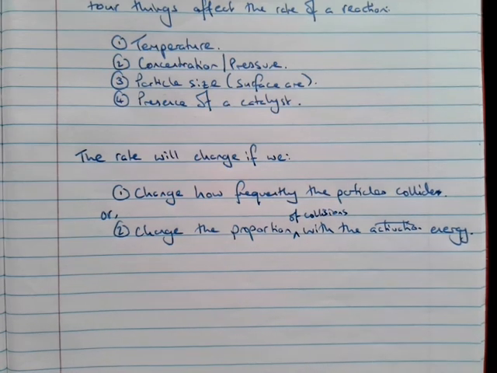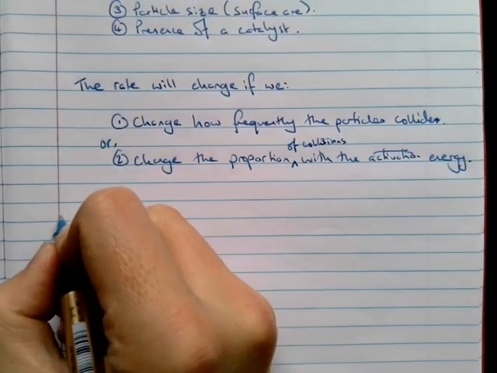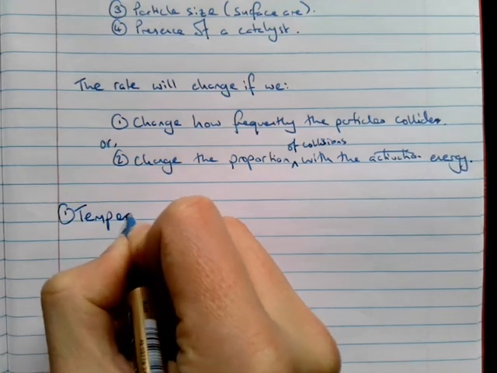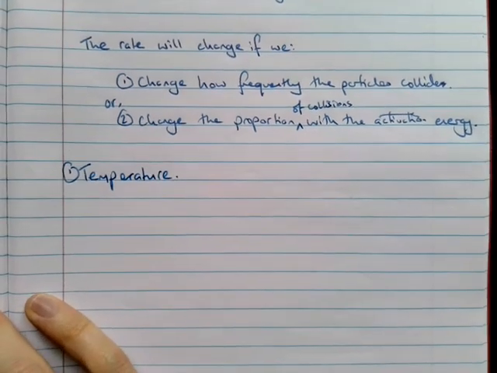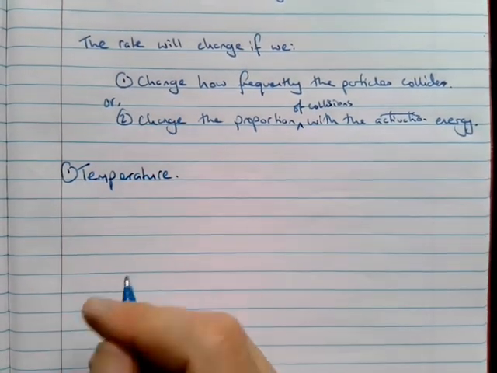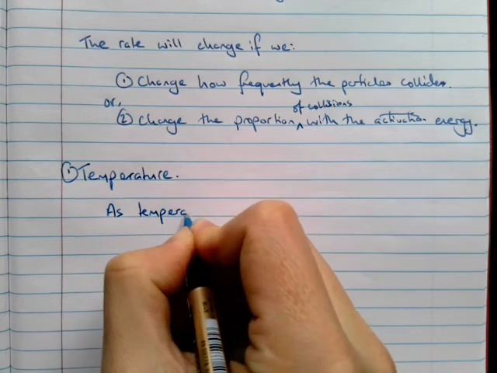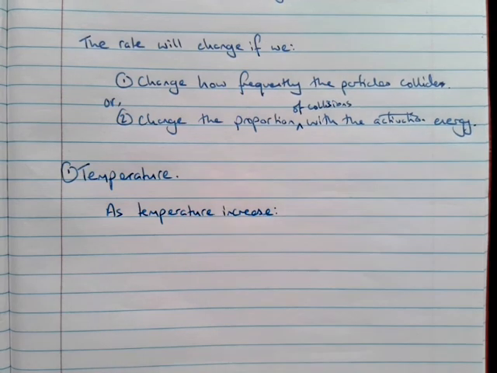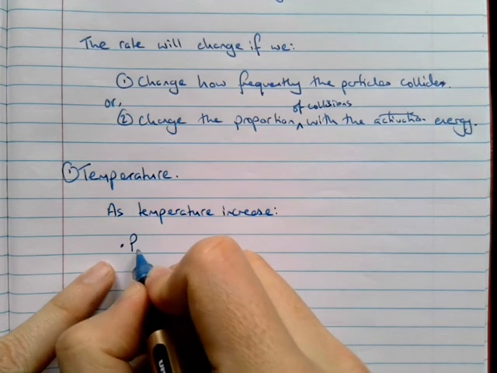Okay, so let's start. Number one, temperature. As temperature increases, what happens? Well, the first thing that happens is the particles get more energy.